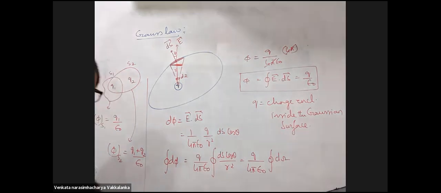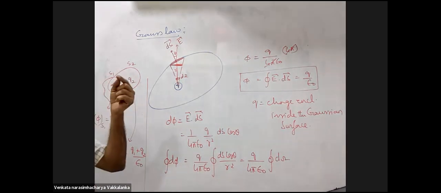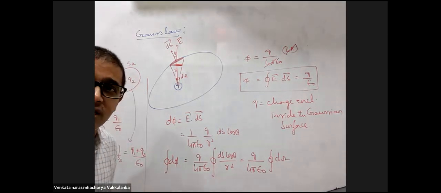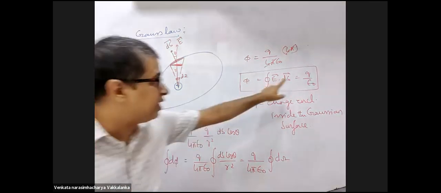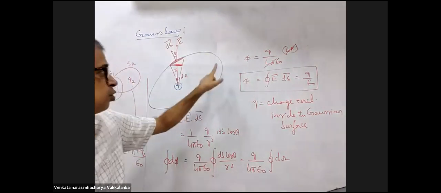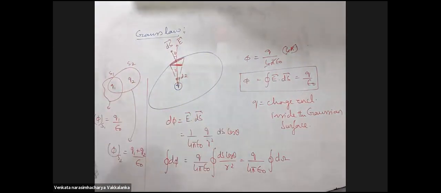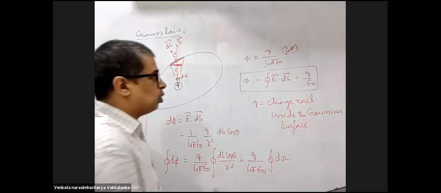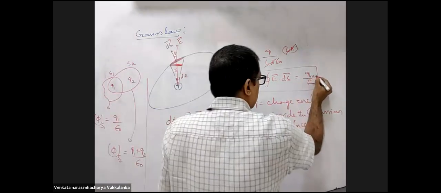You mean to say charge enclosed inside the Gaussian surface is only to be taken here? Yes. The flux through any closed surface will be Q net enclosed by epsilon naught.